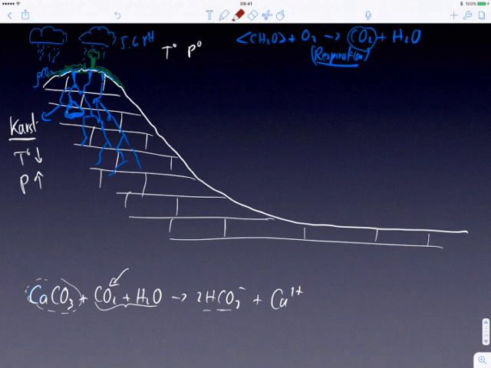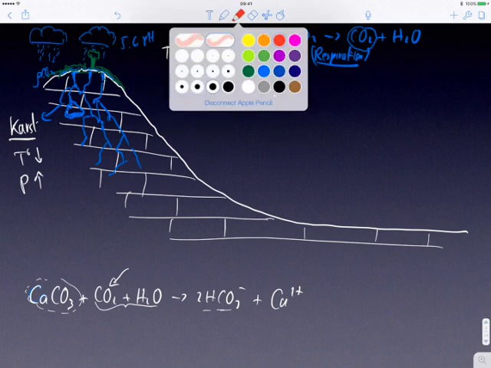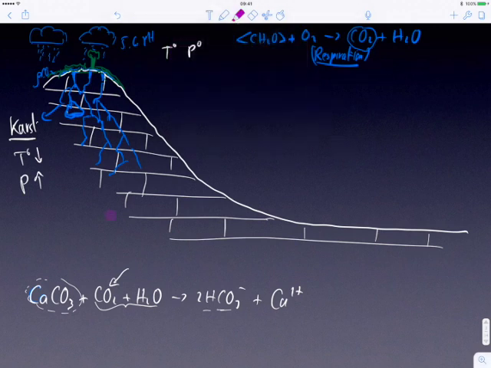Then, for example, what you may have is a layer of clay or marls, not only calcium carbonate, let's say it's marls. Marls is a mixture of calcium carbonate and clay minerals that is impermeable to water.